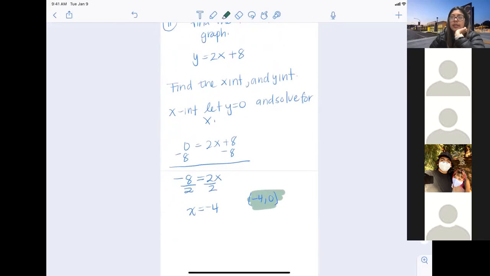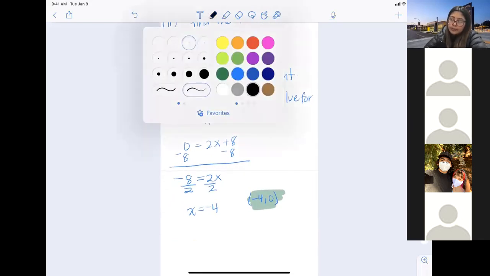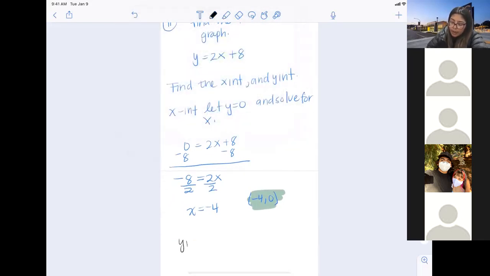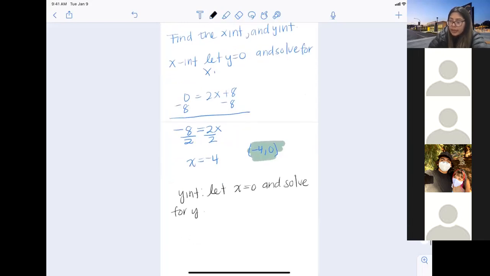The next thing is to find the y-intercept. So the y-intercept, you let x equal 0 and solve for y. So for that one, you have the equation y equals 2x plus 8. y is equal to 2 times 0 plus 8.